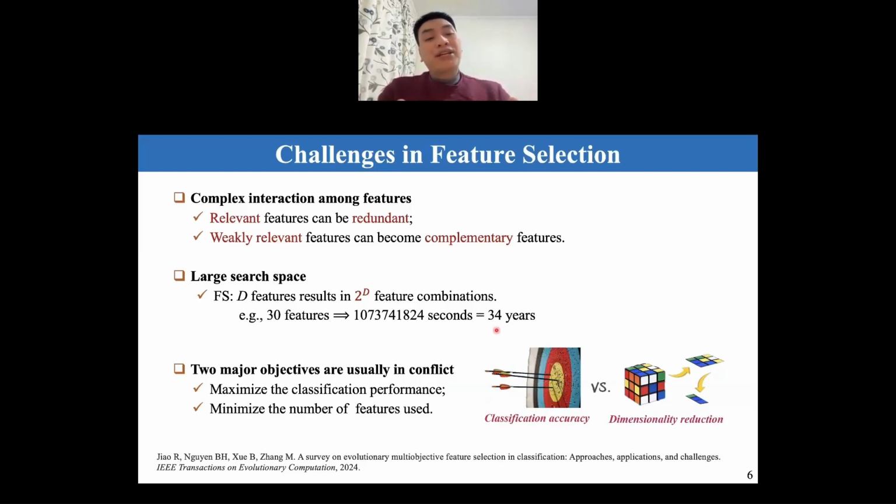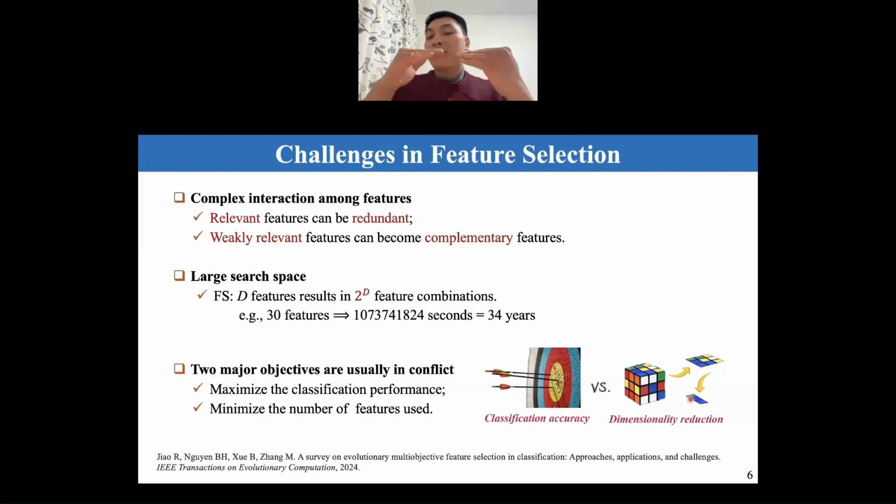The other issue, and potentially the most important issue we can talk about in this seminar or webinar, is the conflict between the two main objectives in feature selection. As I mentioned before, the two main objectives of feature selection are, one, to maximize the learning performance, and two, to minimize the number of features. Apparently, if we select too few features, then we are at risk of losing information, and that's when we're going to reduce accuracy.